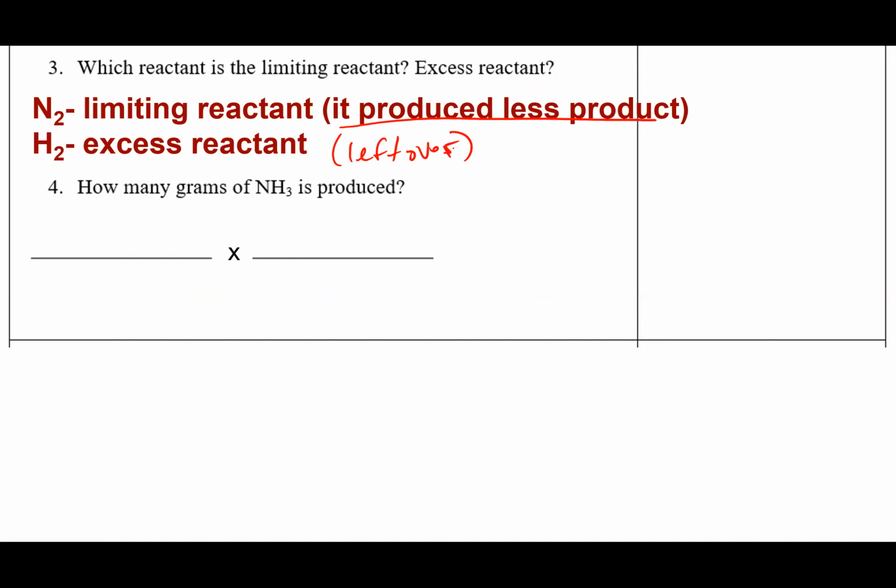So number 4, how many grams of NH3 is produced? As soon as you see the word grams, you need to think molar mass of NH3.